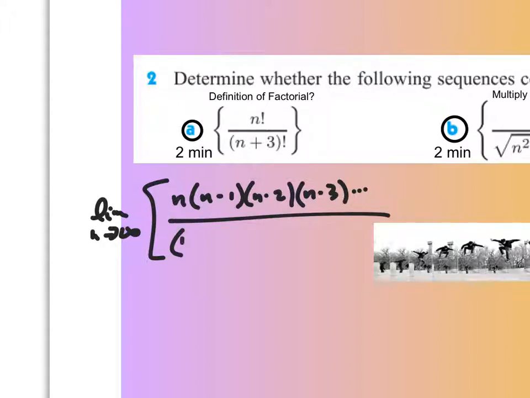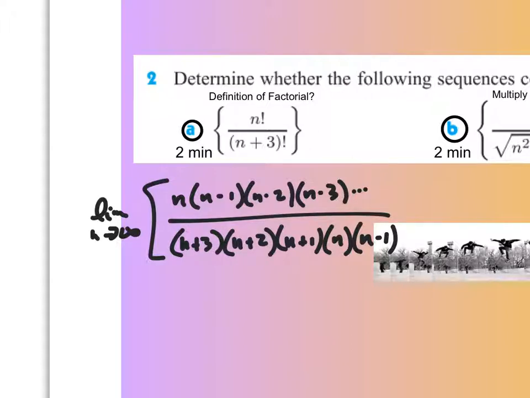And here I'd have n plus 3, n plus 2, n plus 1, n minus 1, etc. What we're going to get here is some cancellation.